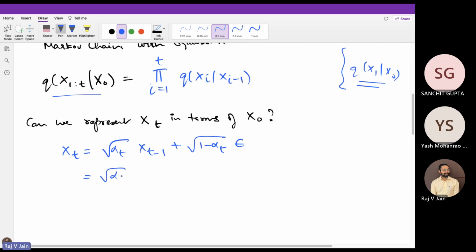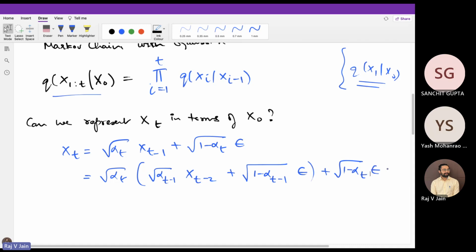Now I can write it as root alpha t into this: root alpha t minus 1 xt minus 2 plus root 1 minus alpha t minus 1 epsilon, plus root 1 minus alpha t epsilon. And these epsilons are actually different, so just to make sure that it's captured, let's write them as epsilon t minus 1 and epsilon t, where all epsilons, regardless of t, are sampled from this Gaussian distribution.